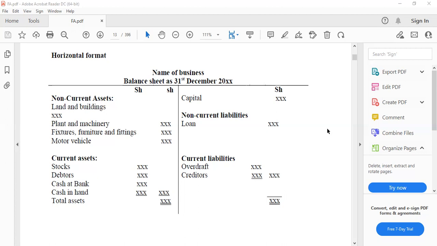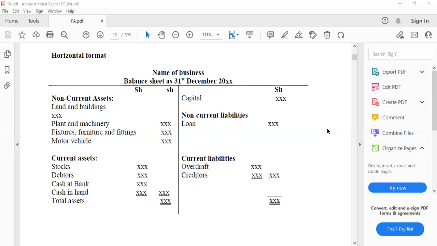The accounting equation says that assets is equal to capital plus liability. The items in this accounting equation are found in the balance sheet. In the balance sheet, we have assets, we have capital, and we have liabilities.